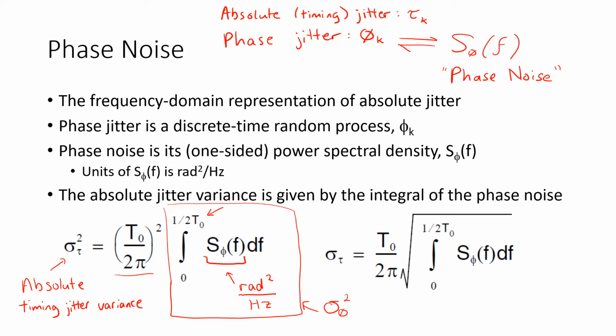Now this will have units of seconds squared. We can take the square root of that and obtain the absolute jitter root mean square value. It's just one number that really captures the variability of the clock waveform from an ideal periodic clock. And it is related to the phase noise by this integral.